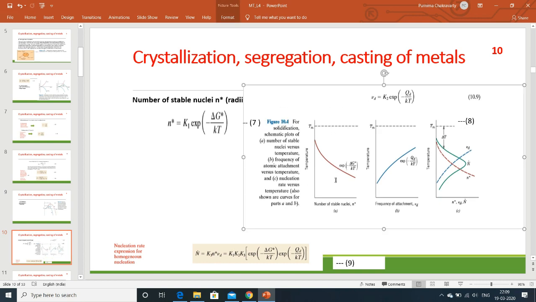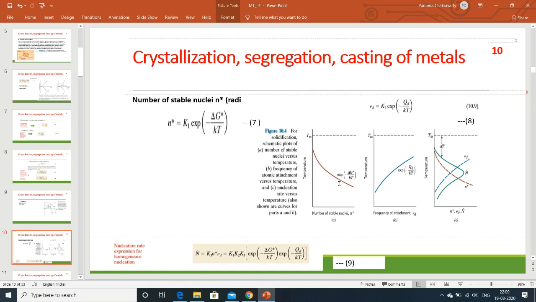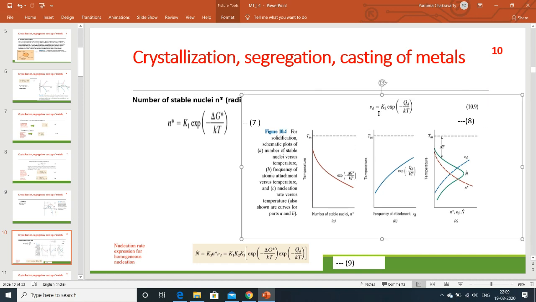Here you can see that we have another term Vd, which is your equation 8. Vd is the frequency of atomic attachment versus temperature. In this graph you can see very clearly that the exponential term increases and the frequency increases. And finally this is your equation number 9, which is the nucleation rate expressed for homogeneous nucleation.